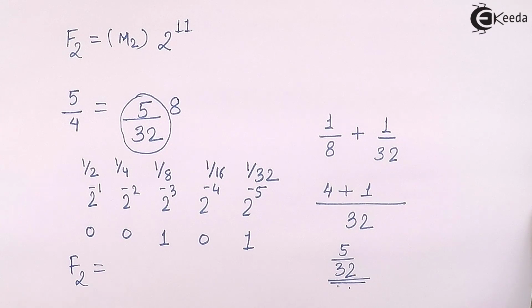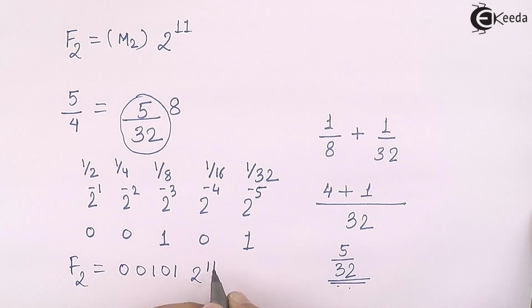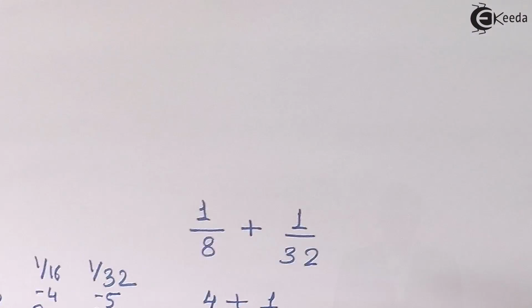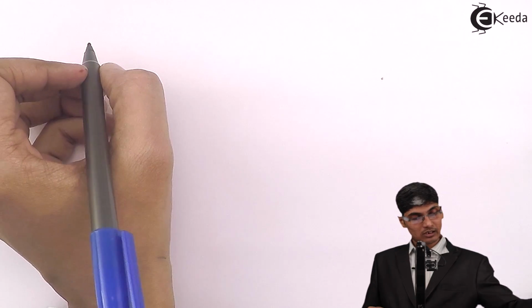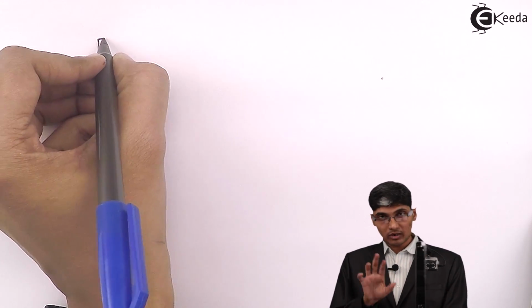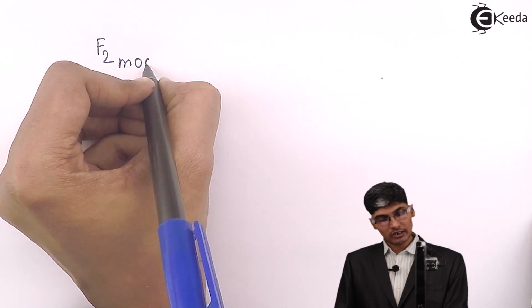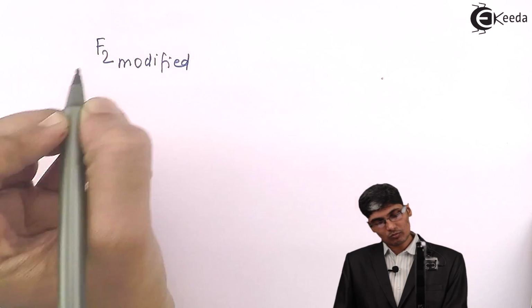So now my F2 with the new mantissa and new characteristic is 0.0101, 2 raised to 1, 1. Now I will write both the mantissas which have been just modified. So I will write F2 modified.